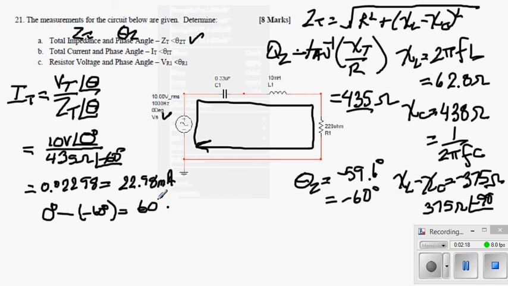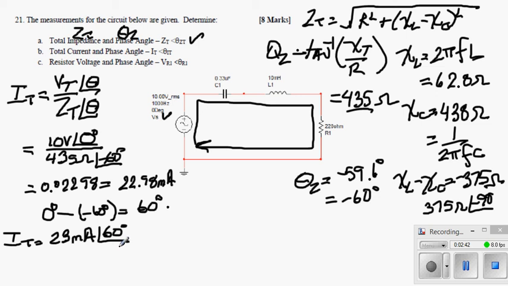So the angle that I'm using is a positive 60 for the results. So the final answer that I will write on my paper would be 22, or really 23 milliamps at a phase angle or a phase position of 60 degrees.